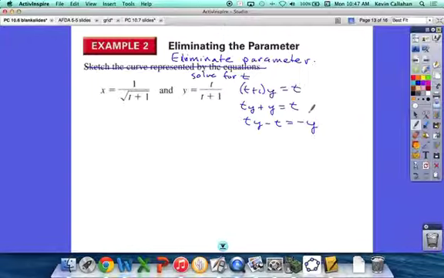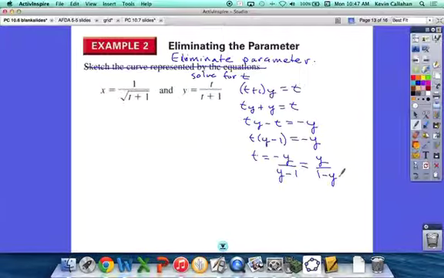Now I can put these together by doing t times y minus 1 equals negative y. t equals negative y divided by y minus 1. Personally, I don't want to have all these negatives. How about if I switch the order of y minus 1? I'll make it 1 minus y, which will allow me to make that a positive. Switching the order of subtraction makes it opposite. So this is the same thing as y over 1 minus y.